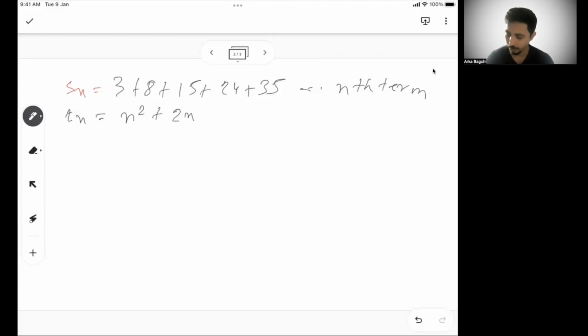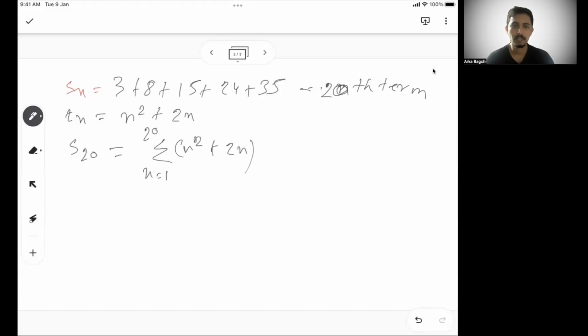Now, if they say you have to find the sum till 20th term, instead of nth term, you know Tn is n square plus 2n because this is the generic formula of all the terms. Now, we can say S20 is nothing but summation of n equal to 1 to 20 of n square plus 2n.